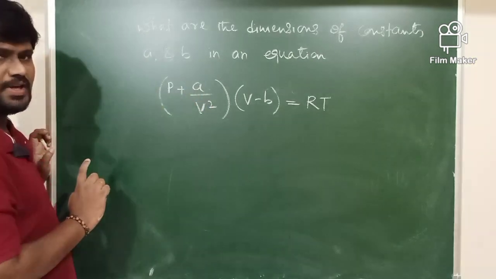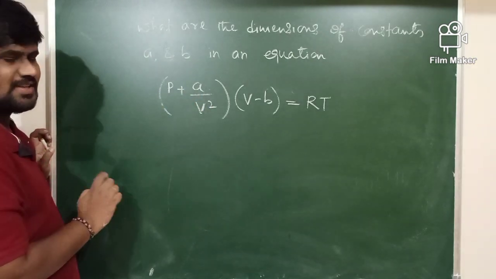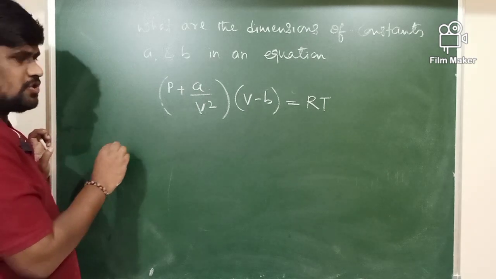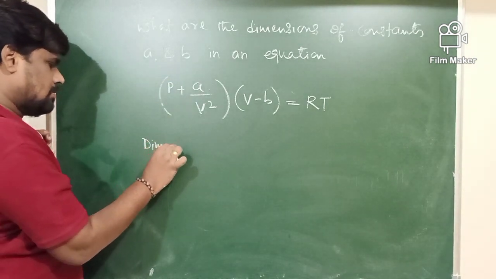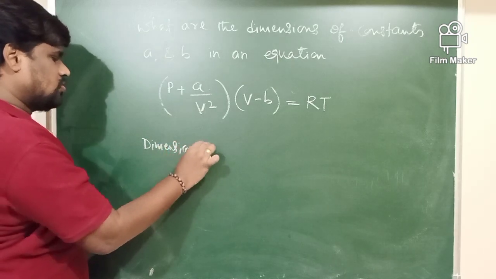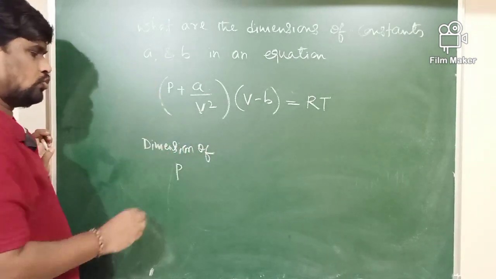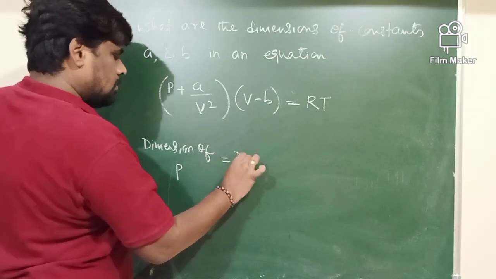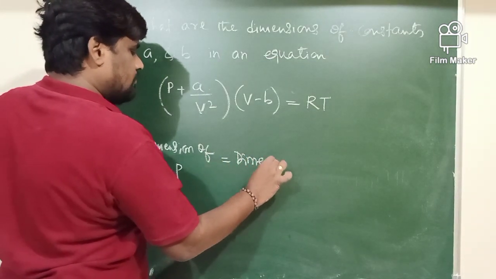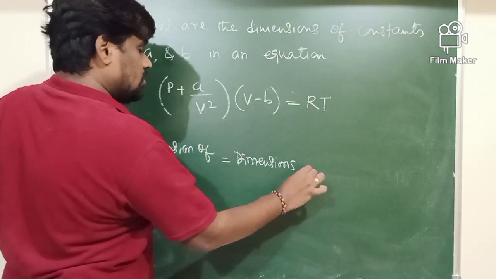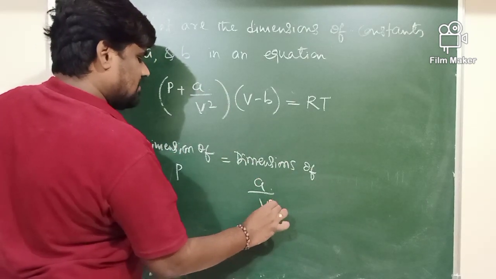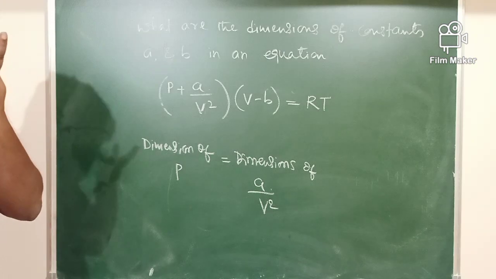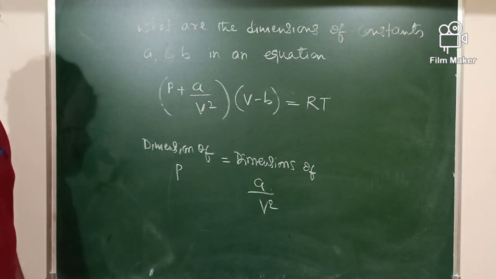provided they must have the same dimensions. ಅಂದ್ರೆ ಏನು ಬರೀಬಹುದು ನಾನು? Dimensionally what? Dimensions of P should be equal to dimensions of which term? A by V square. So dimensions of P is equal to dimensions of A by V square.